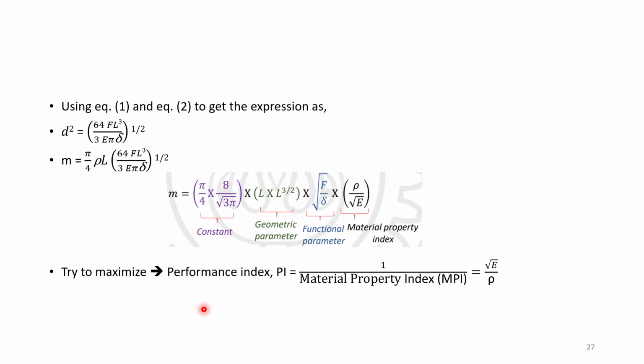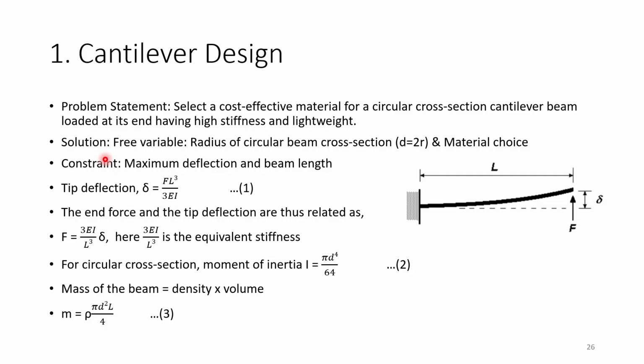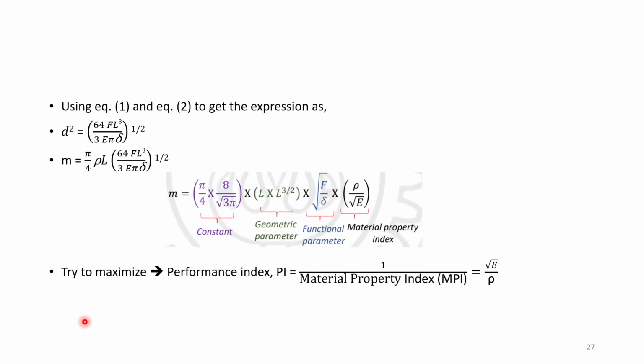Now in terms of mass, you put this value of d square in this formula, so it becomes pi by 4 rho L times this entire d square value.